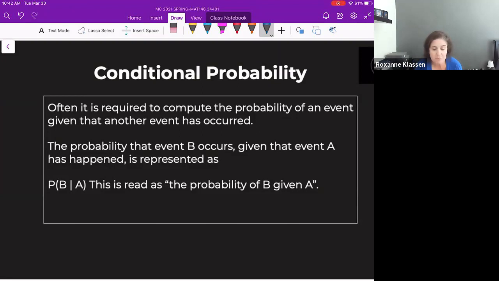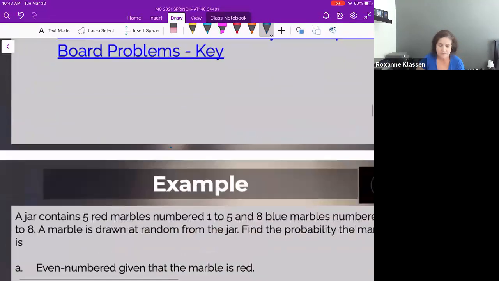The probability that event B occurs given that event A has happened is represented as P, parentheses B, a vertical line, and then A. It's really important you understand how to read these, because then on a test you'll do them correctly. It's the probability of B given A. The given A is that line and what comes after it, so that already happened.